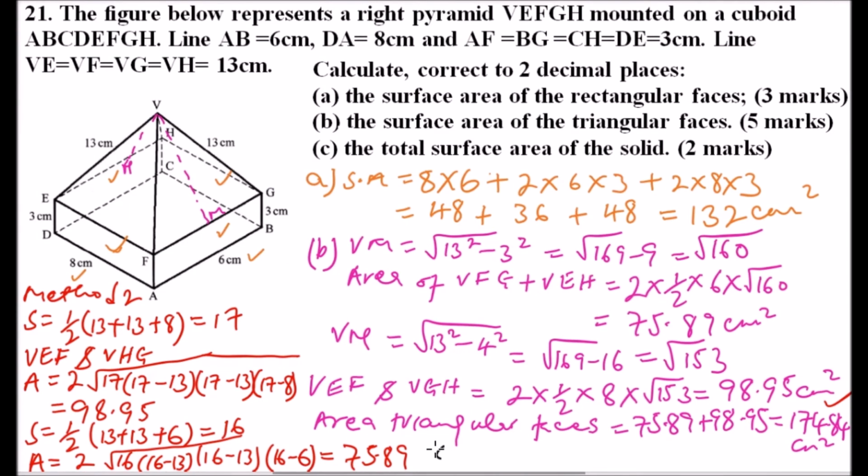Finally, the total area, that is part C. You just take the total area equal to the rectangular area plus the triangular area.